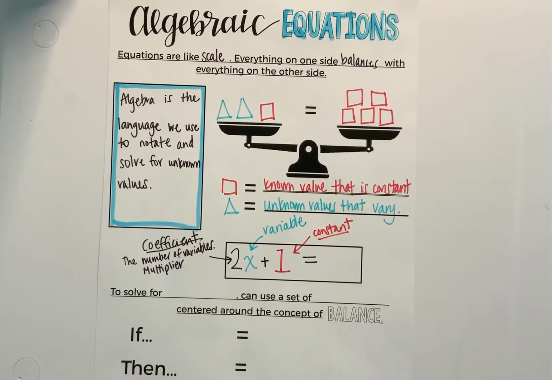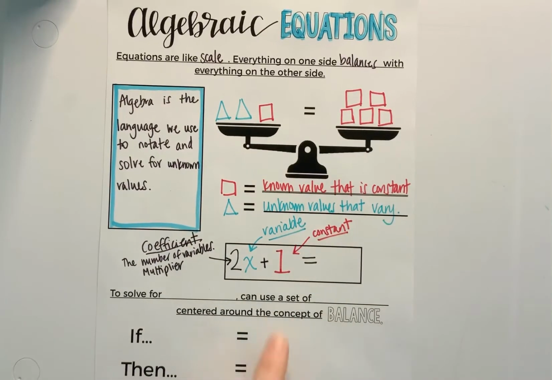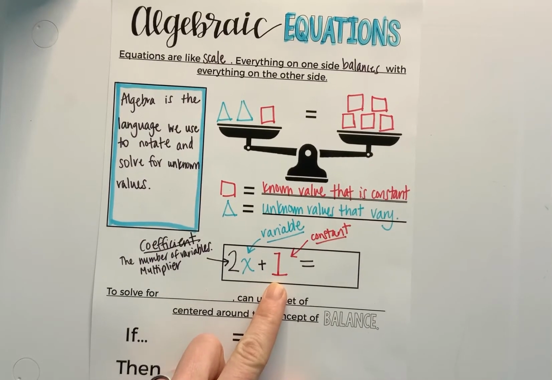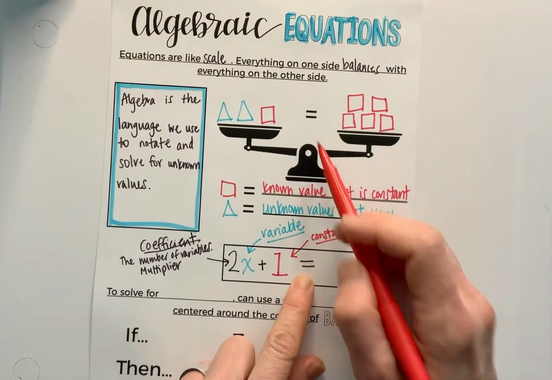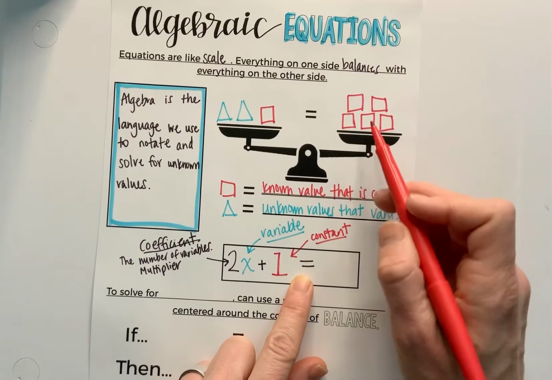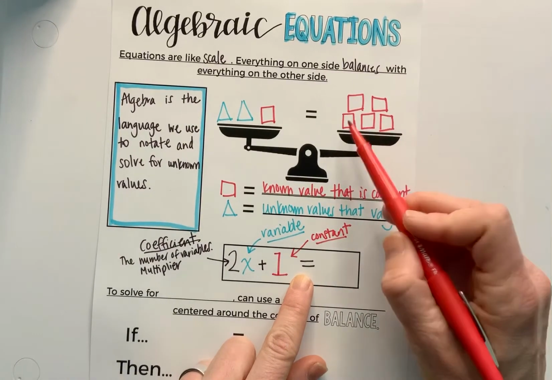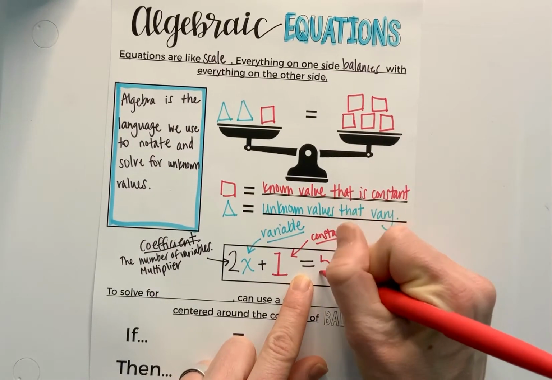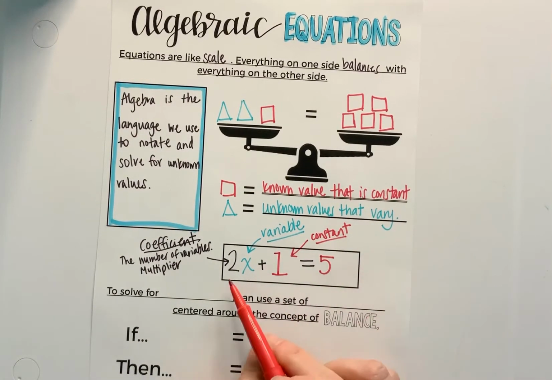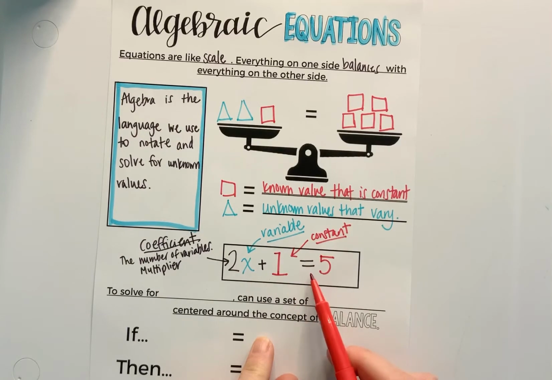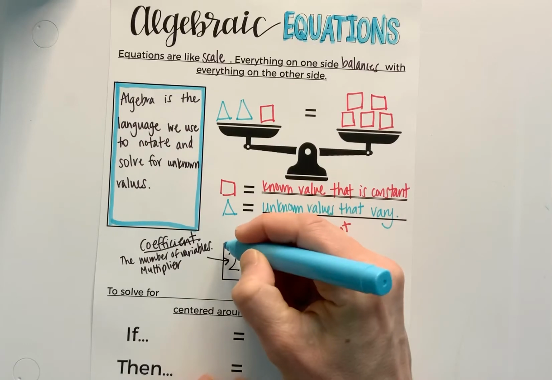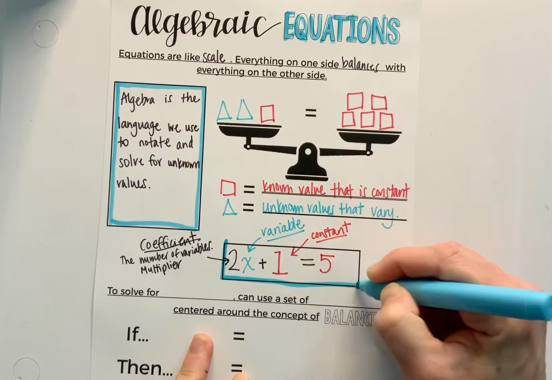Any random number in an algebraic equation without any variables connected to it is called a constant. And then what do we have? It's equal to, which means we flip over to the other side of our balance scale. And how many constants do we have, or how many red cubes? 1, 2, 3, 4, 5. So that also is an example of a constant. So we have 2x plus 1 equals 5. And this here, my friends, is an example of an algebraic equation.